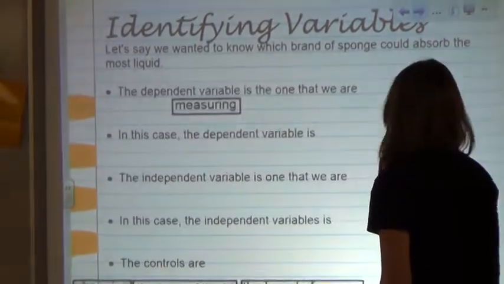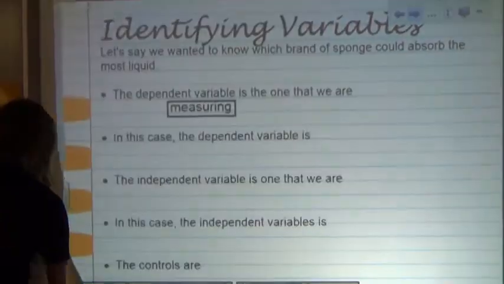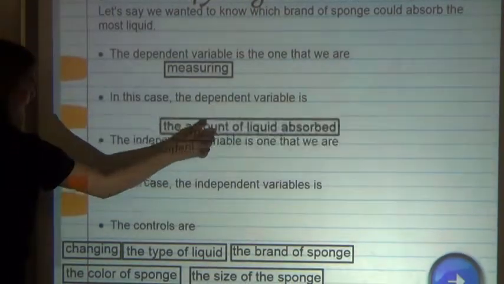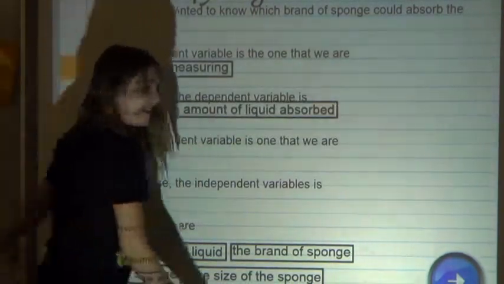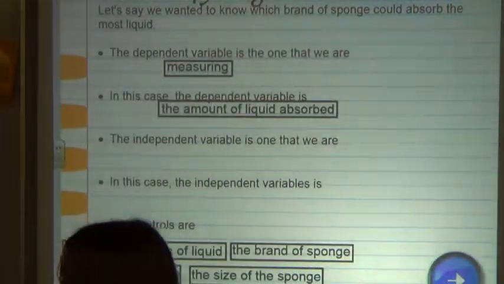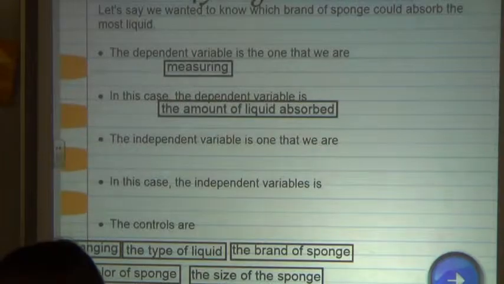Guys, keep your pencils and pens still. That's really noisy. Alrighty. The independent variable is the one that we are. Dulce, go ahead.